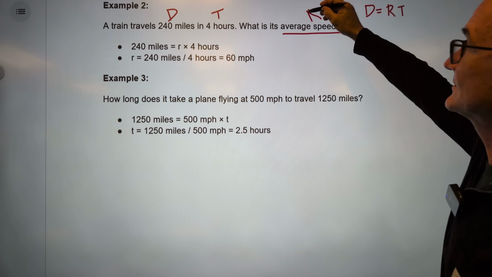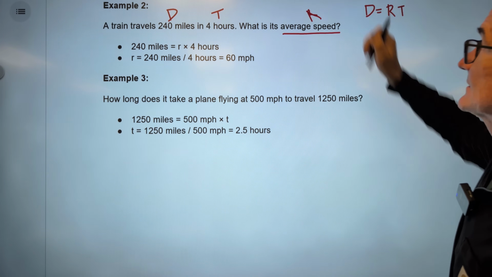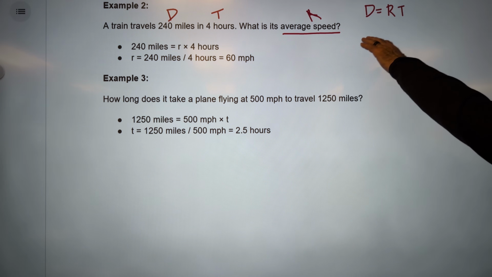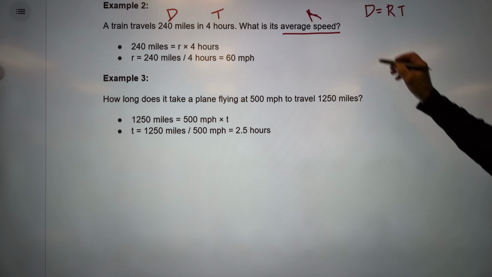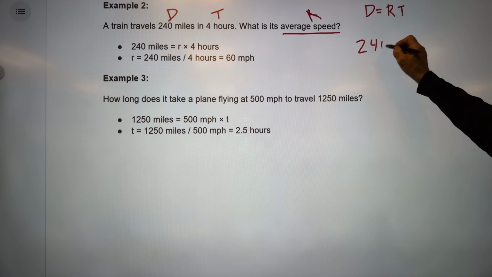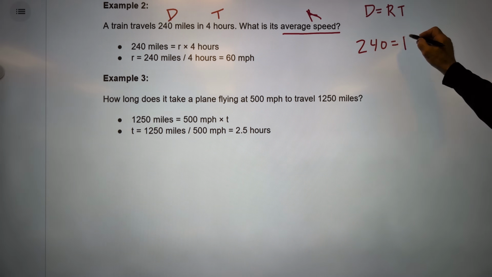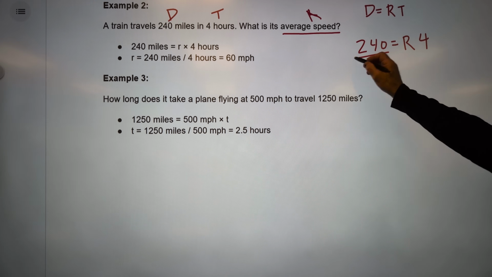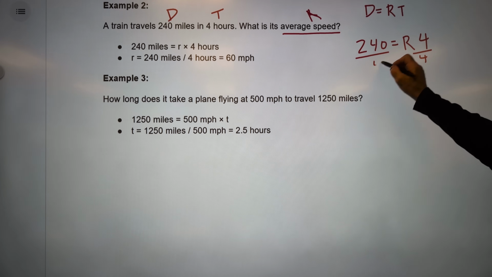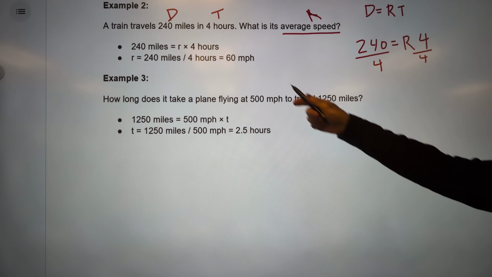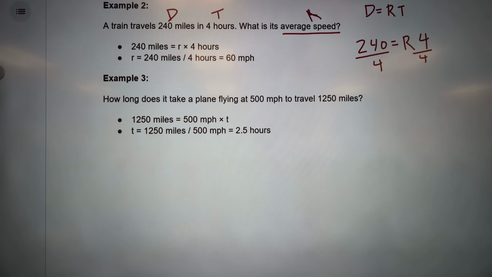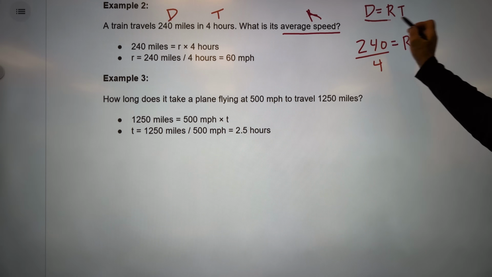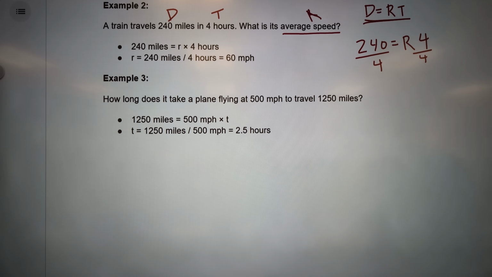I could solve for rate in this equation, or I could just plug those in. Distance is 240. Rate is what I am looking for, and time is 4. I divide both sides by 4, and I get the rate is 60 miles per hour. The key is really decoding the sentence, but if we're working with this, we're just looking for those three variables.